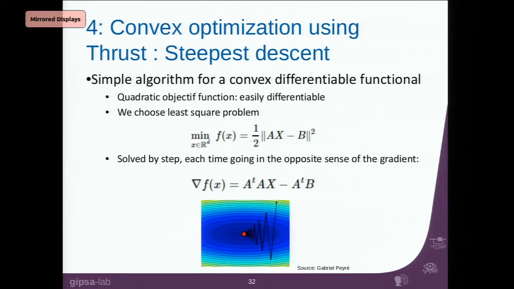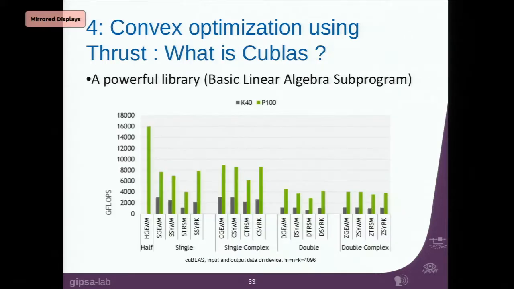It's just a gradient descent, a really simple algorithm. So what is cuBLAS? Ben already talked about it. It's a highly optimized implementation of the Basic Linear Algebra Subprograms made by NVIDIA.